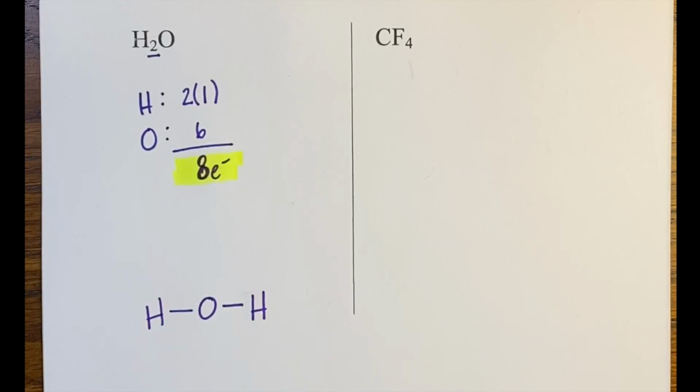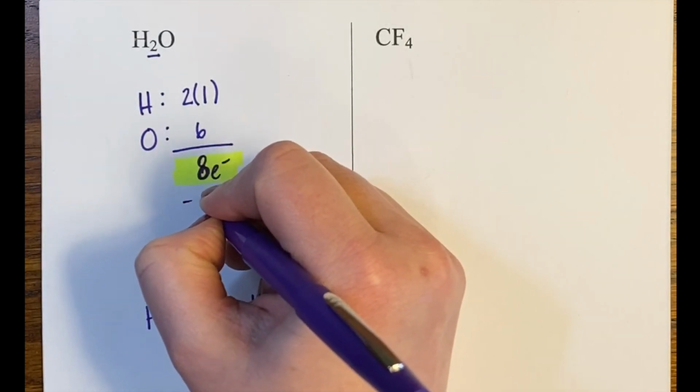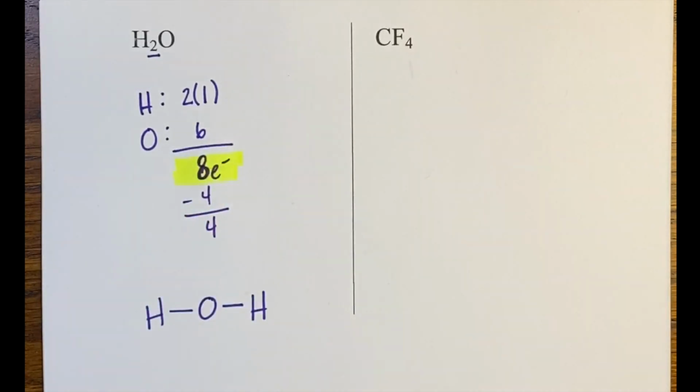Now, in doing so, I put 2 electrons into this single bond and 2 electrons into this single bond. So that means that I've already incorporated a total of 4 electrons into my structure. So I'm going to subtract these electrons from my structure, and that tells me that I have 4 electrons left in order to complete my structure.